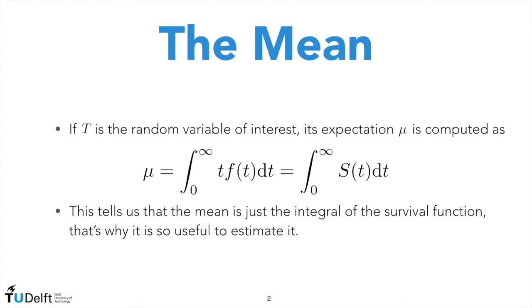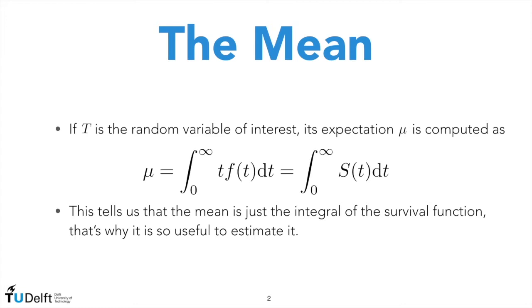a negative quantity. But by using integration by parts and noticing that f(t) is nothing more than minus S prime of t, that is to say the first derivative of S(t), and by applying border conditions like S(0) equal to 1 and S(infinity) equal to 0, that derive from the fact that S(t) is 1 minus F(t), the CDF, the cumulative distribution function, what we can do is to express mu in terms of the survival function.